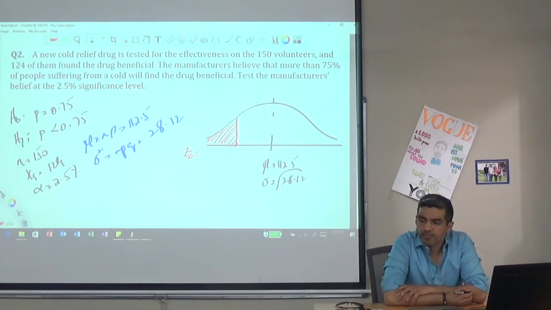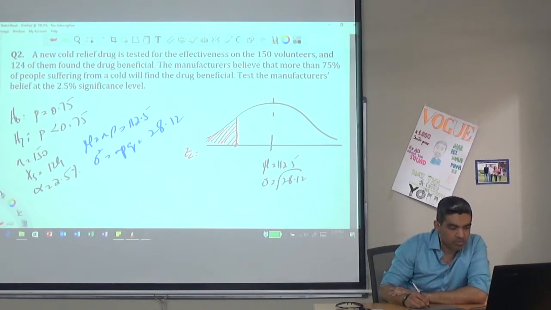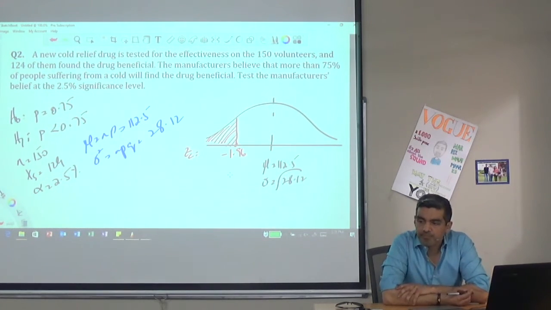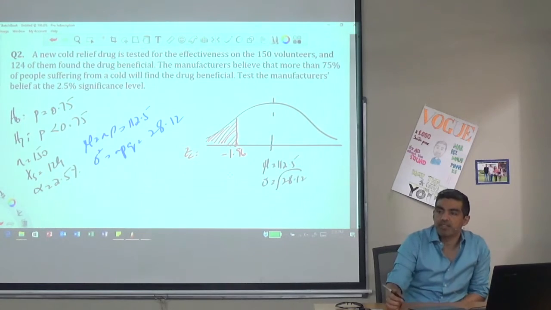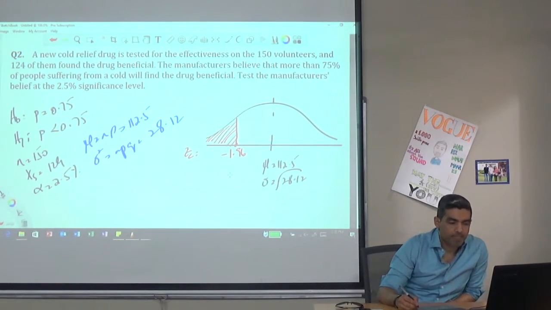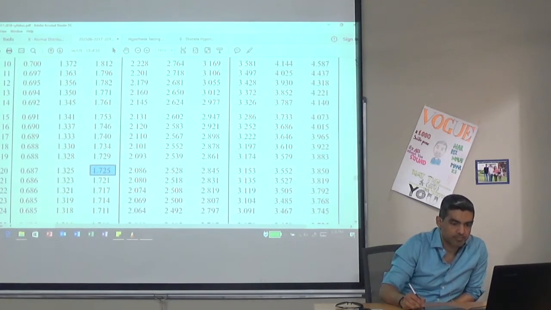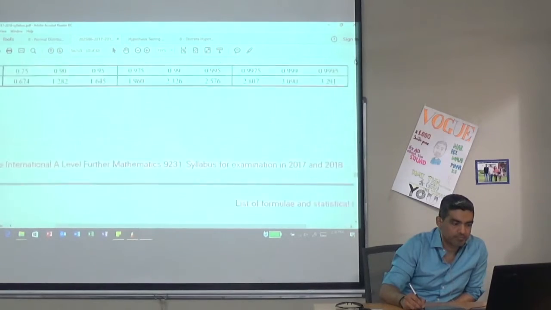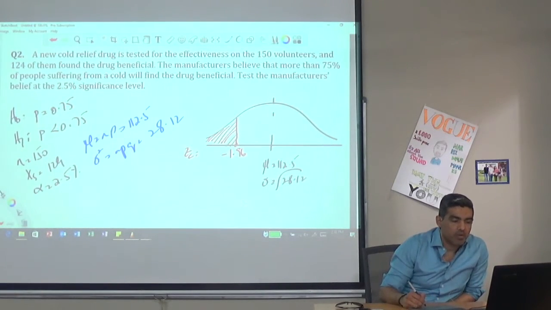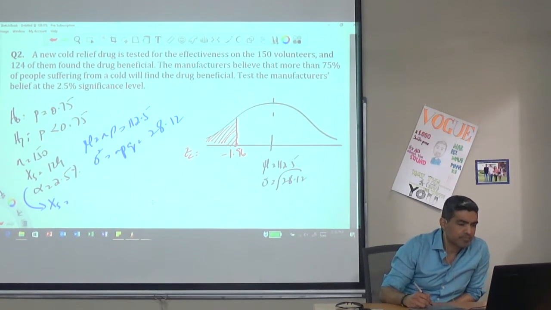It's 1.96, so minus 1.96 for 0.975. 1.96 is the Z value. Now, for us, the X statistic is going to be, so we are on the left side, by the way. Are we on the left side or the right side? Right, we're on the right side.